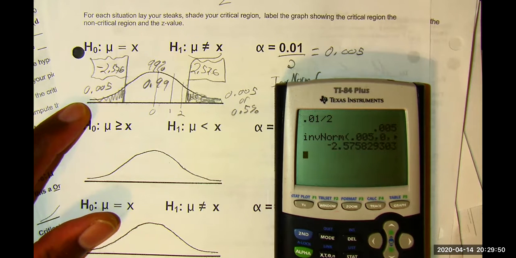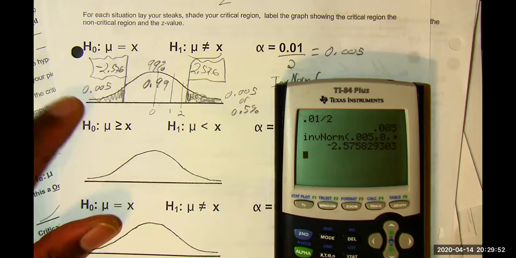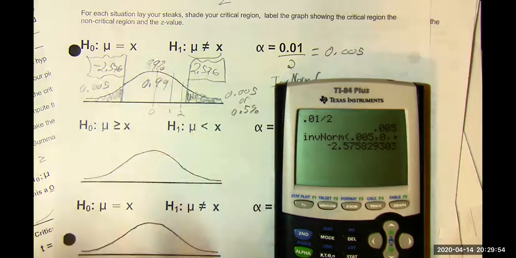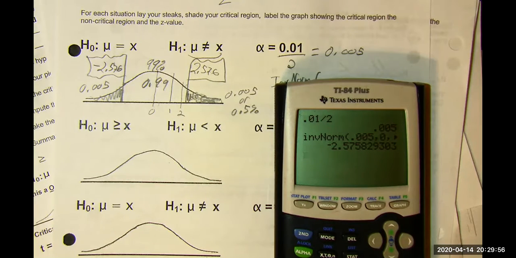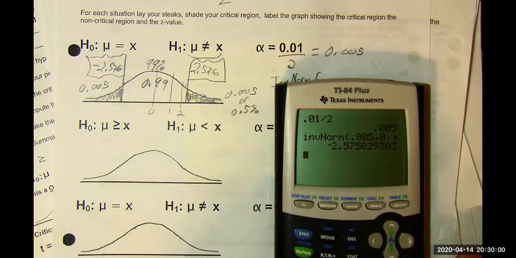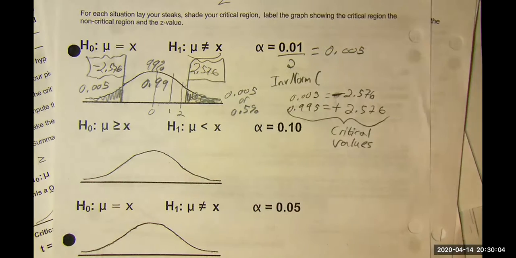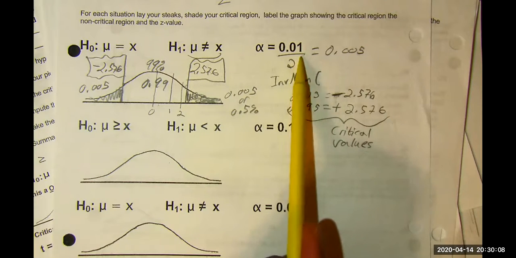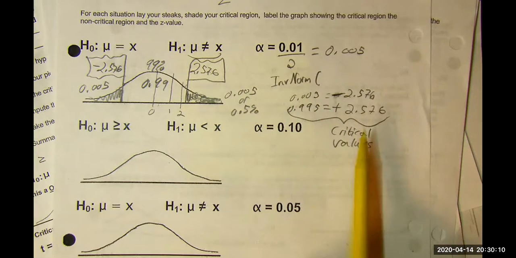You see the importance of drawing your picture? It reminds you that there's a negative and a positive because it's a two-tail. Please draw your pictures. And that's how we do that. It's important to identify if it's a two-tail test so you can plug in the proper alpha and get the correct critical values.